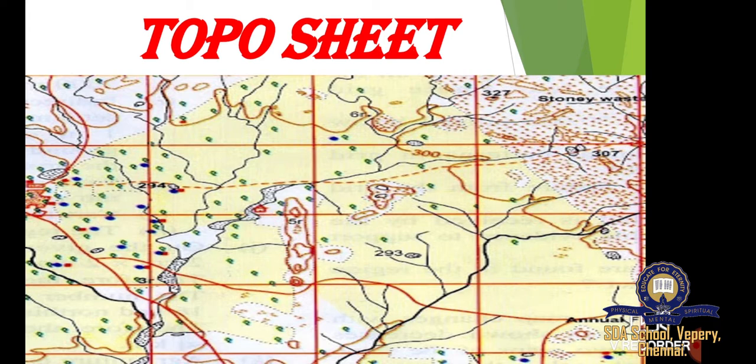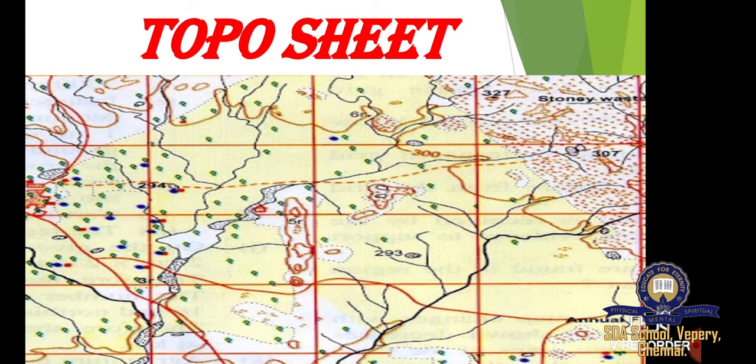Okay, now we will see the use of colors on a topo sheet. Before that, this network forms a grid on the map. The grid is useful to find the correct location of a place on the earth.